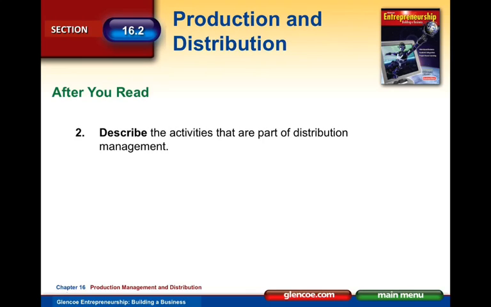Okay, you need to make sure you have transportation, shipping and receiving, storage and warehousing, materials handling, and specification of delivery terms. These are all kind of key, core, and common to having a great distribution strategy. And the bottom line is it's controlling the movement of products from the manufacturer to the end customer. You need to make sure that goes extremely well, and you need to analyze it if this is going to be part of your business.